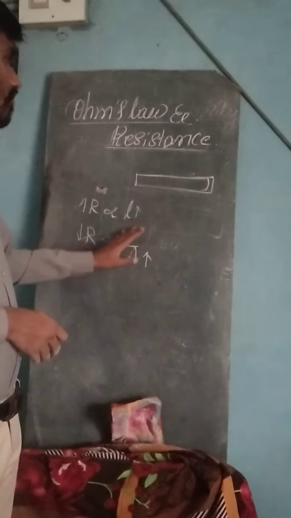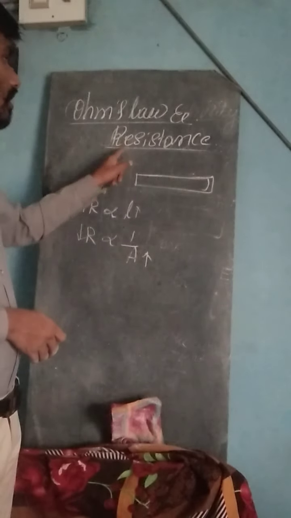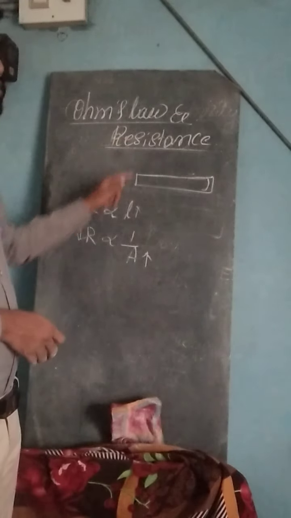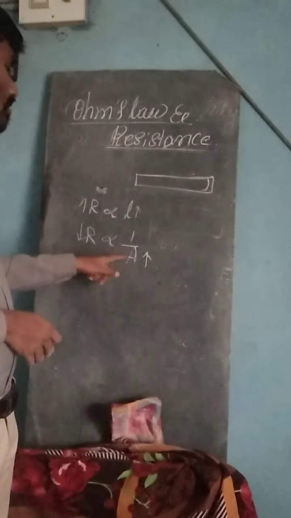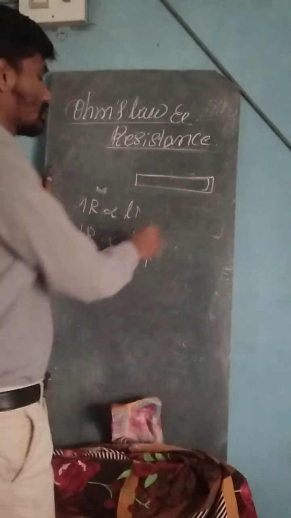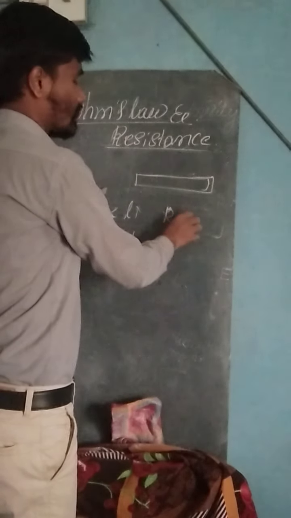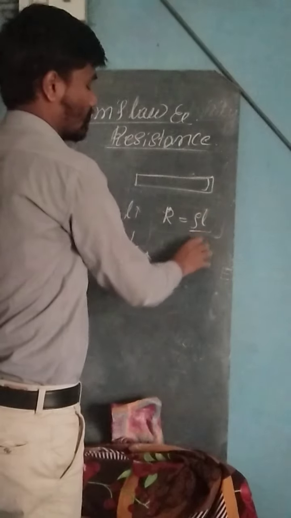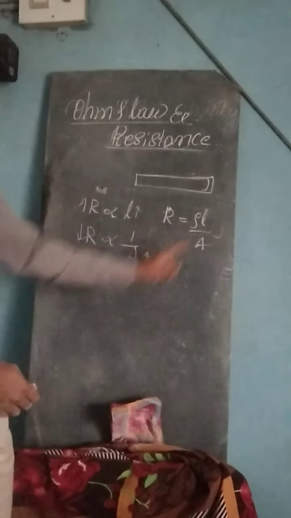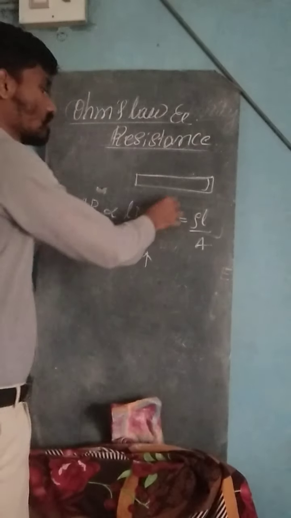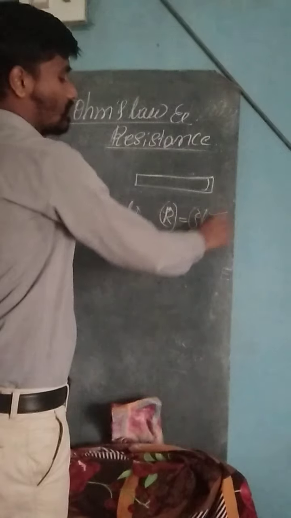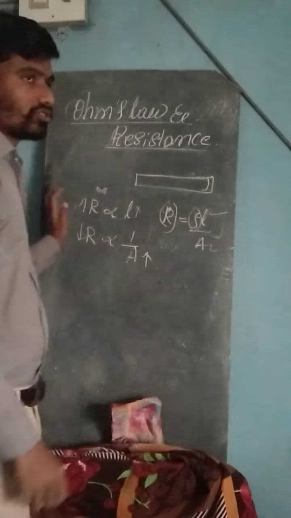So these two factors are very important, and the resistance depends upon these two factors: one is length and another one is area of cross section. And this proportionality, R is directly proportional to rho L by A. So this is the resistance, this is resistivity, this is length, and this is the area of cross section.